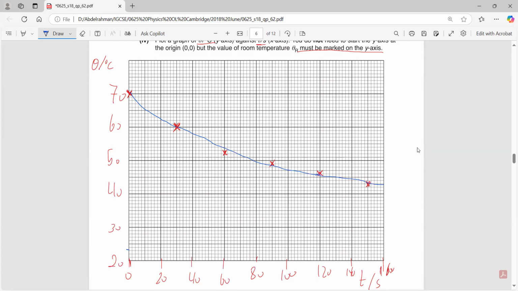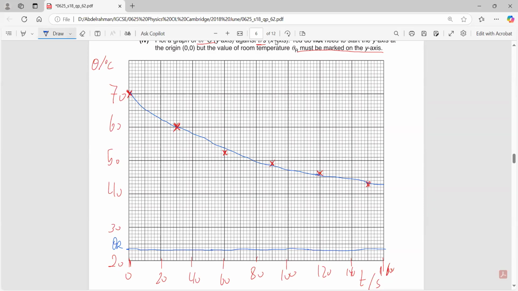So you have to draw a horizontal line using a ruler on 23. Please draw it accurately. I cannot draw it accurately because I do not have a ruler, but you should draw using a ruler, exactly on 23, a line which is the room temperature.